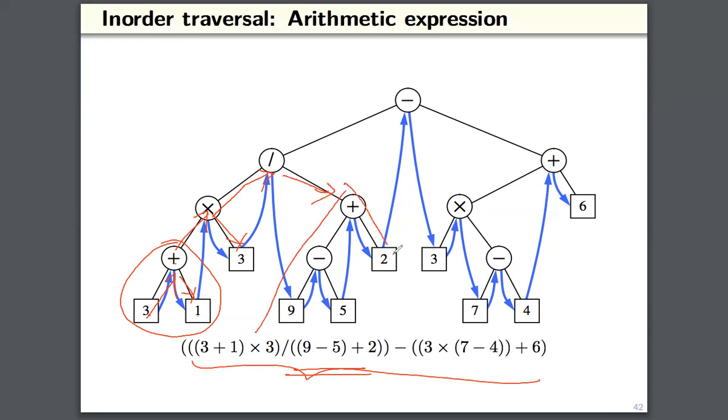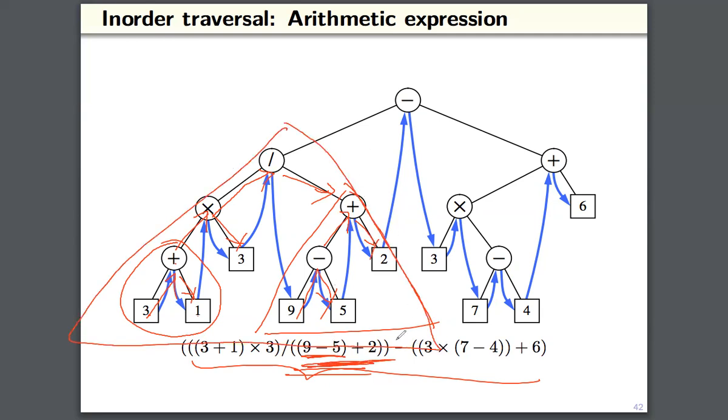But this is incomplete, right? Because this is a subtree of its own. So here you will see left, root, right. That's given here, left, root, right. Then this is complete now. You're done with the huge left subtree here.